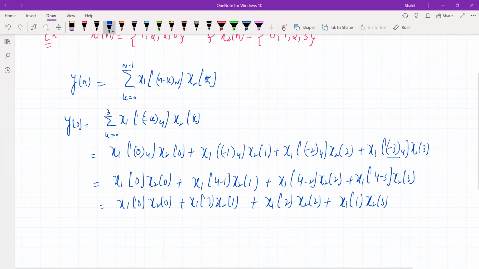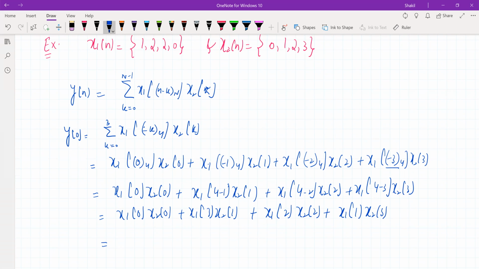So substituting the terms, these are given to us. x1 of 0 is 1, x2 of 0 is 0. x1 of 3 is 0, x2 of 1 is 1.